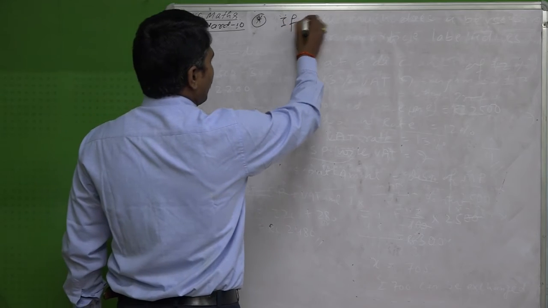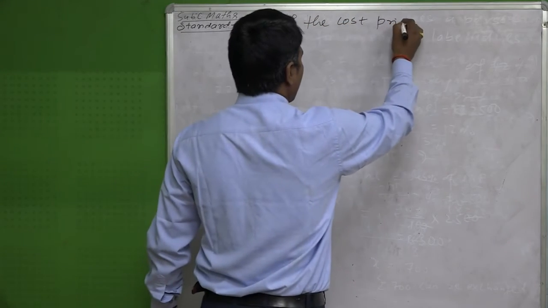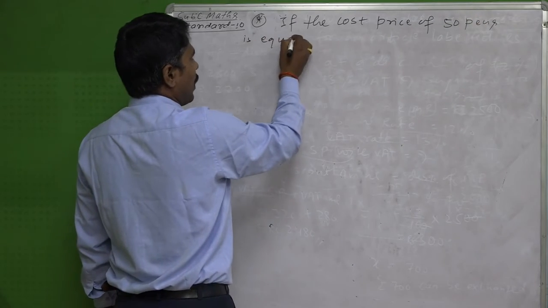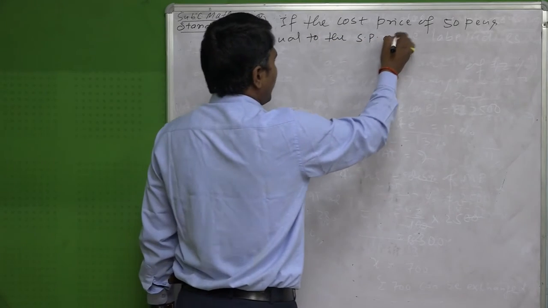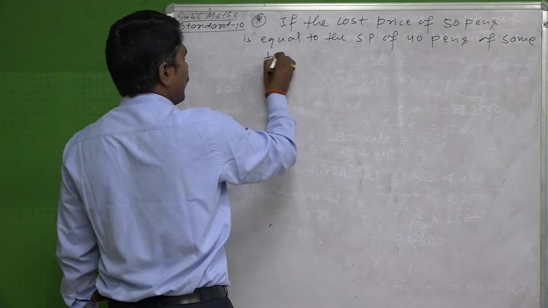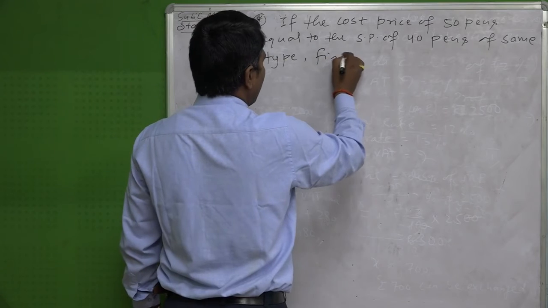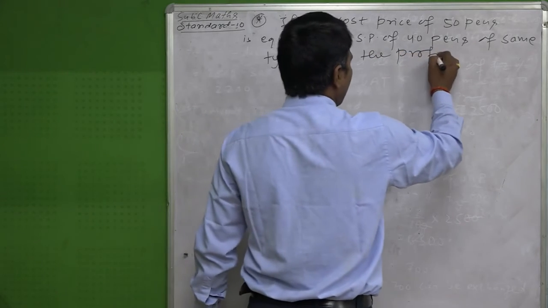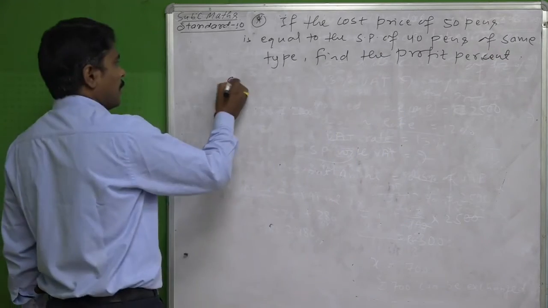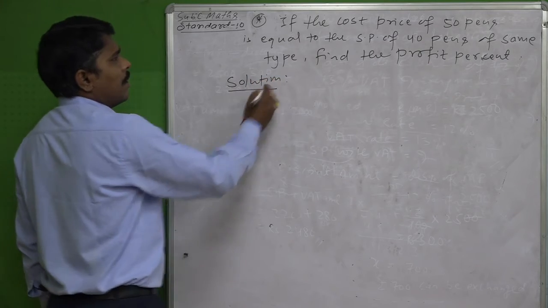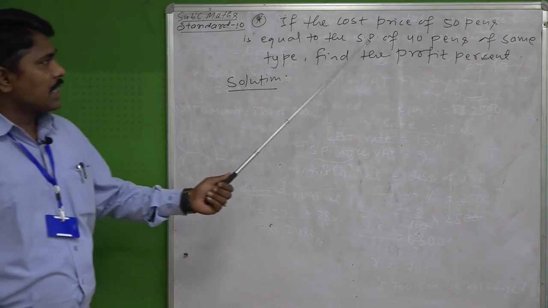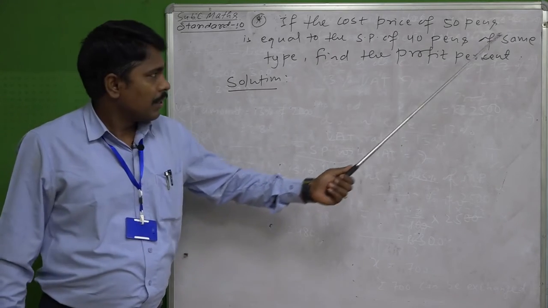If the cost price of 50 pens is equal to the selling price of 40 pens of the same type, find the profit percentage. Suppose this is the question, okay.